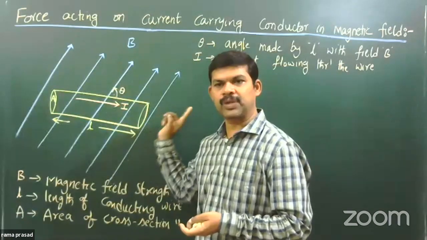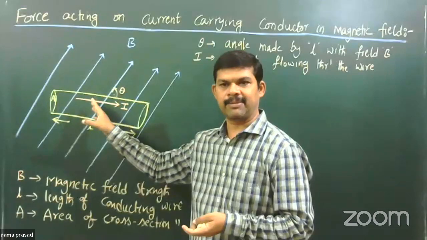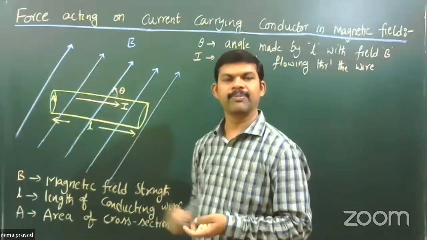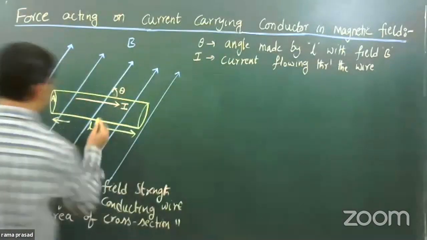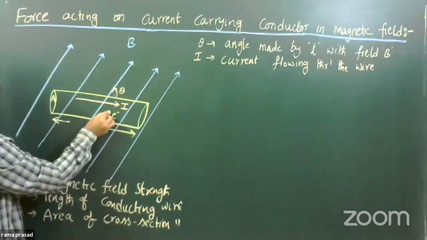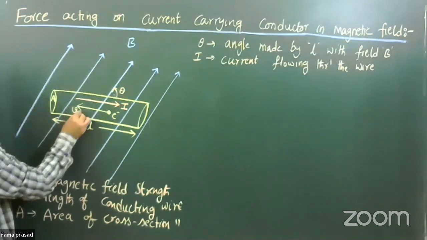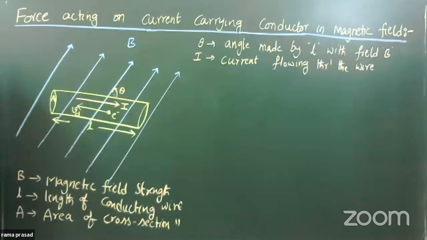Current flow is due to continuous flow of electrons inside the conductor in a particular direction. Means what? Electrons are moving in this direction with a velocity Vd.